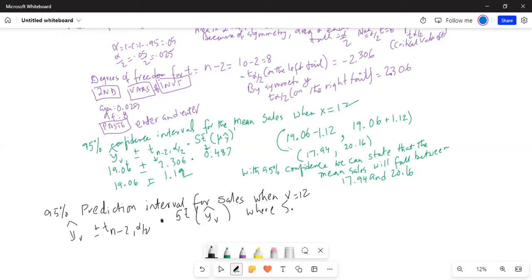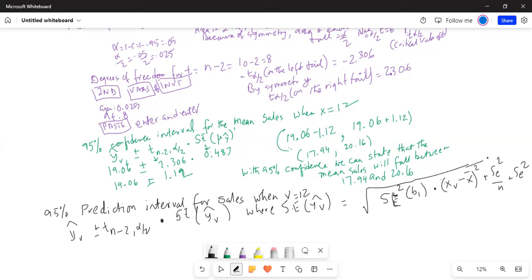And where SE for single value of y is given as square root of SE square B1. We have already done this one, SE square B1, the standard error for the slope squared, multiplied by x value minus x bar square, plus SE square by n, plus SE square, everything under the square root.